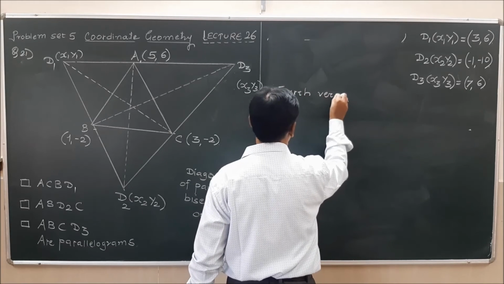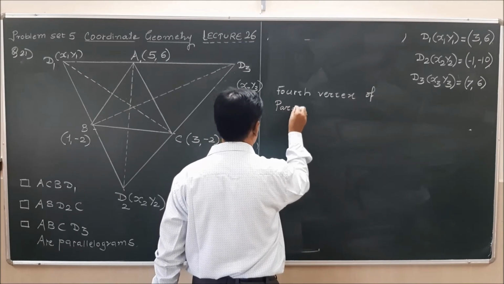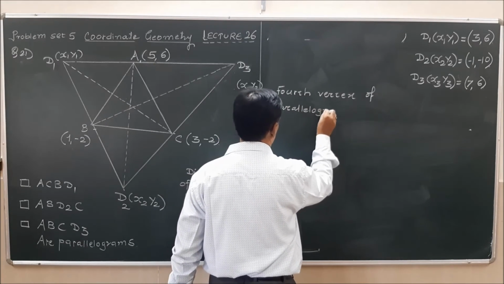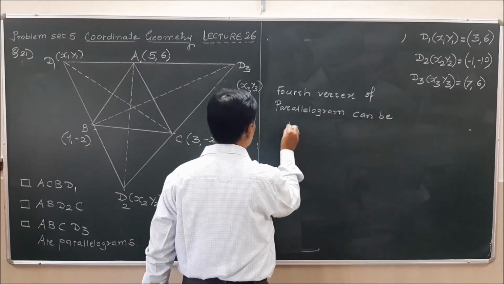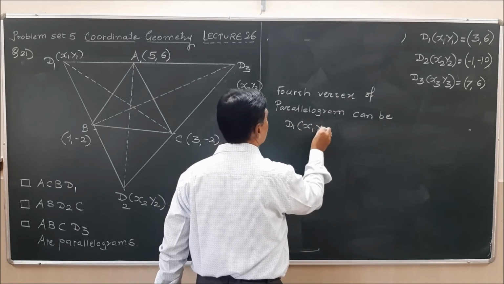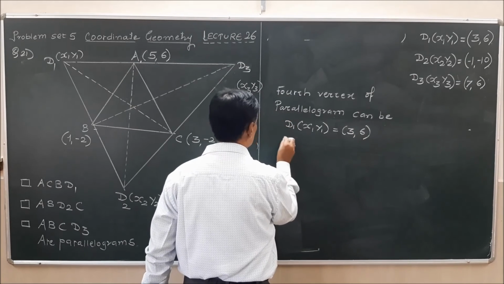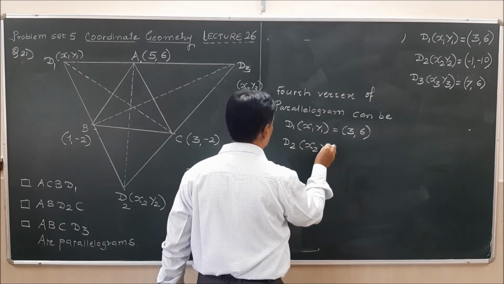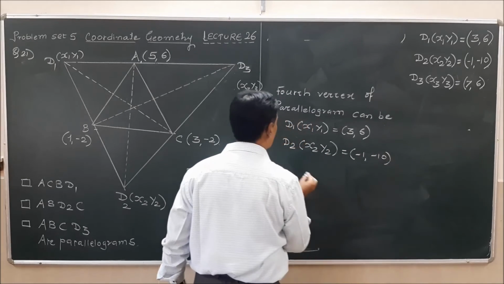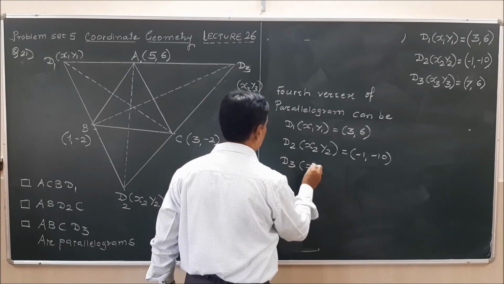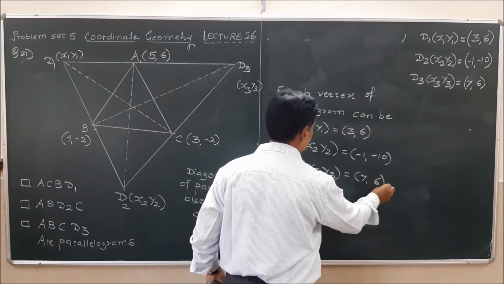Fourth vertex of parallelogram can be D1, x1, y1 is 3, 6, D2, x2, y2 is minus 1, minus 10, and D3, x3, y3 is equal to 7, 6.